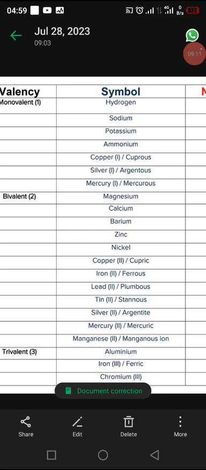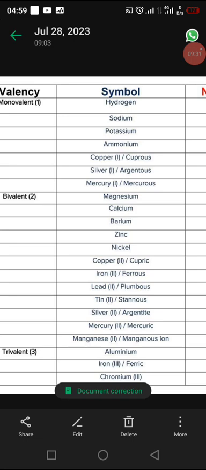Silver, I've got silver 1, 2, 3, whose symbol is Ag, from the Greek argentum. Mercury 1, Mercury 2, which is mercuric.